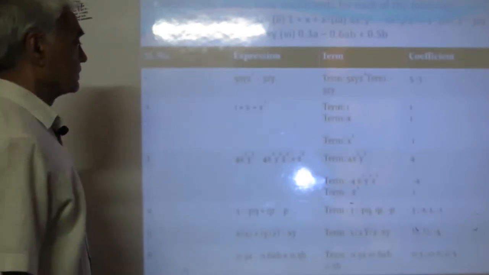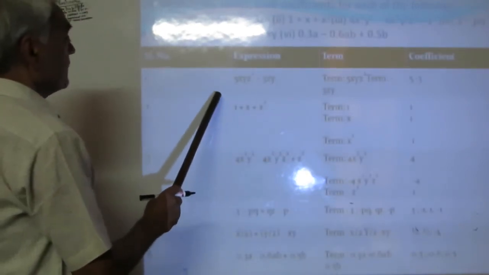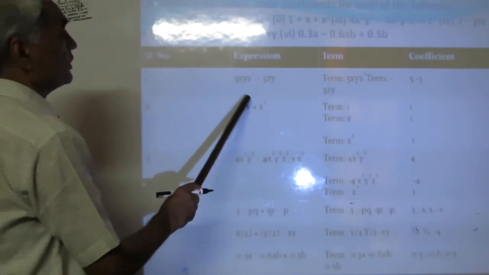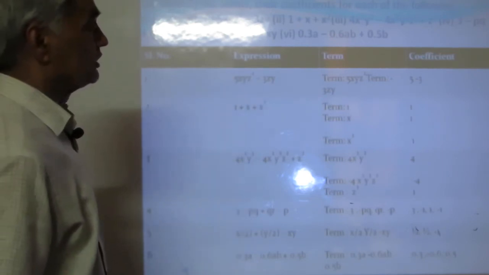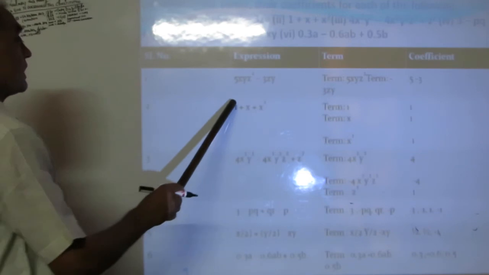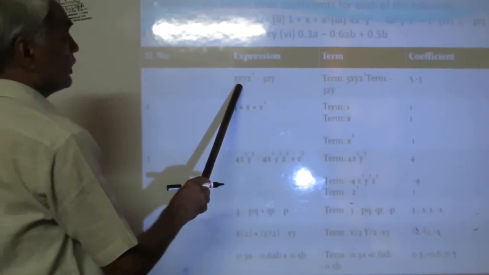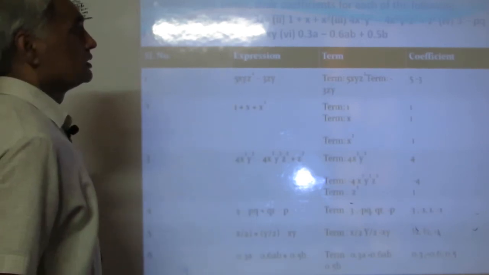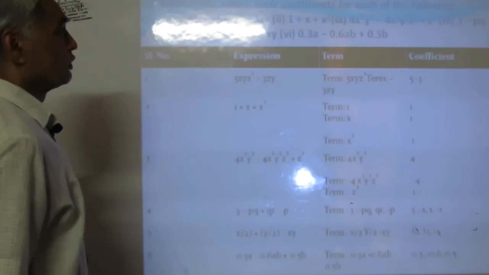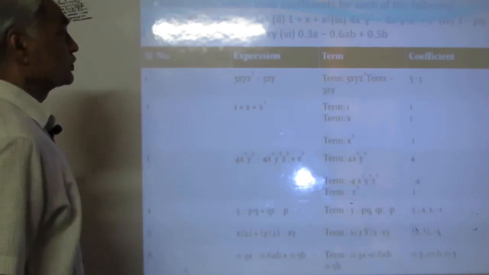What are the terms and what are the coefficients of these terms. So the first part is 5xyz square minus 3zy. So the terms are, first term is 5xyz square.